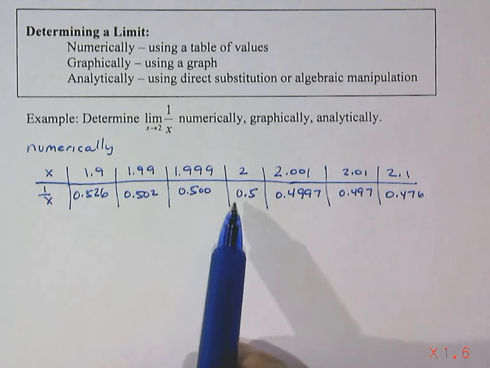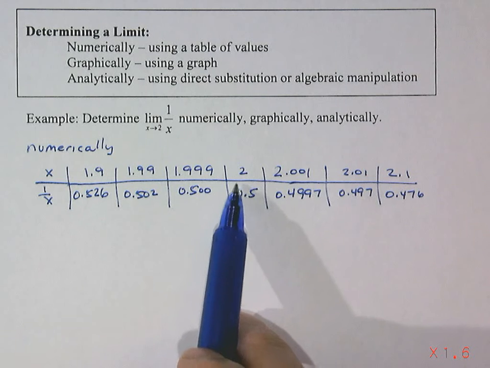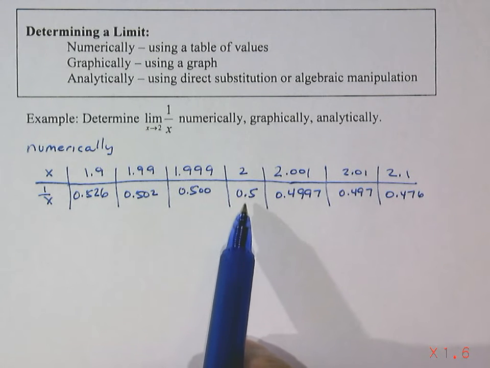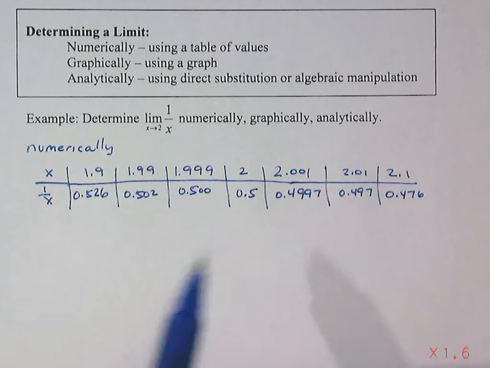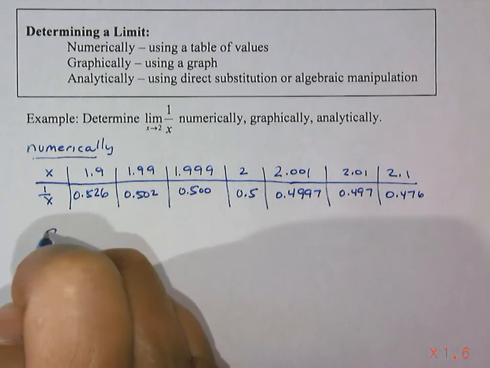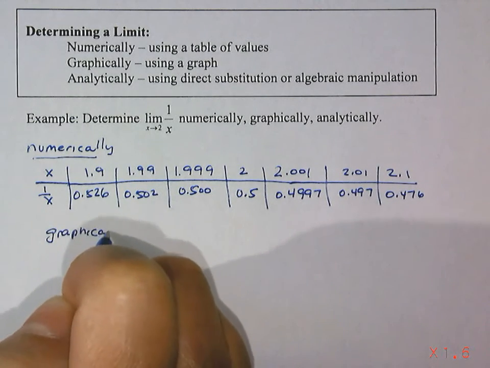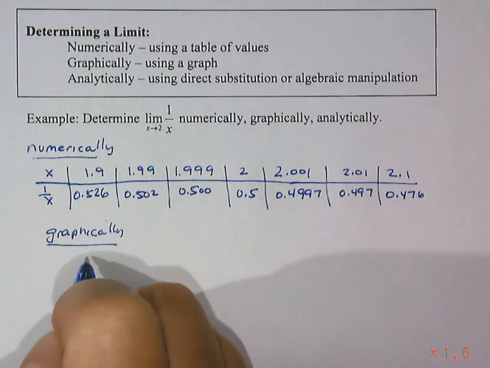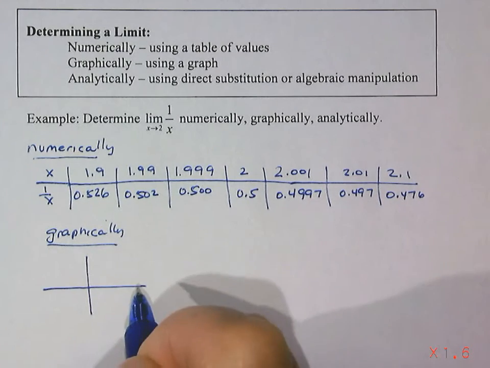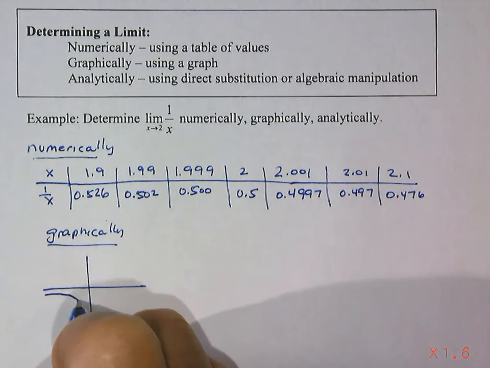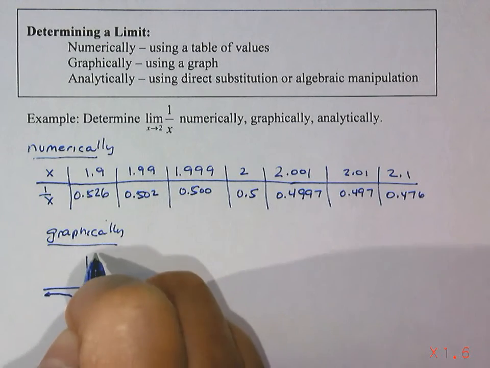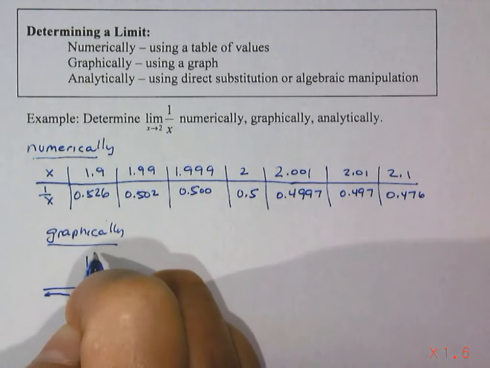So as you can see, the limit as x approaches 2 of 1 over x would be 0.5 or 1/2. If I look at something graphically, I would actually sketch a graph of it. So if I type it in my calculator, this is a rational function that has 2 portions.